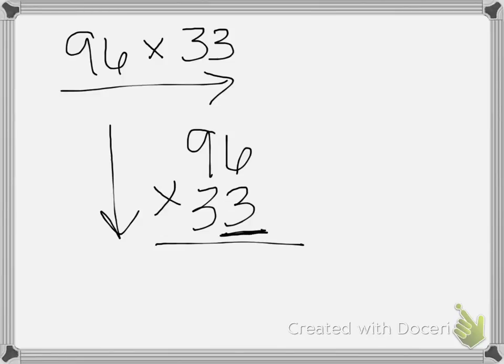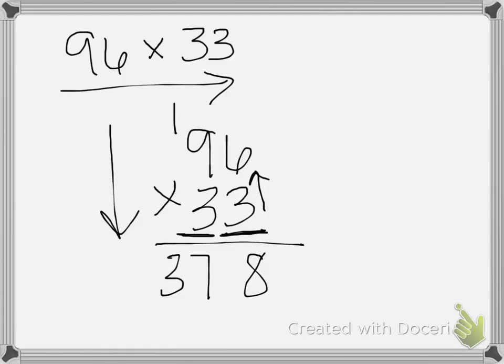So we start in the 1s, and we're only looking at this 3. Remember, only looking at that 3. So 3 times 6 is 18. Oops, sorry. 18, drop the 8, carry the 1, and then this 3 times 9 is 36 plus 1 is 37. I'm done with this 3.